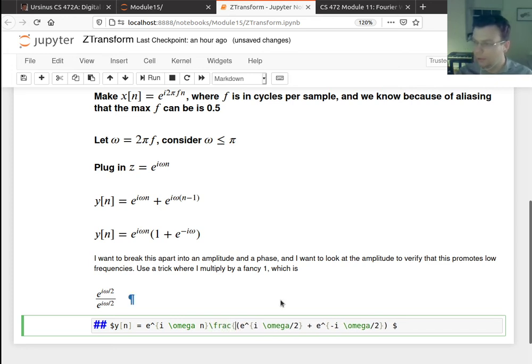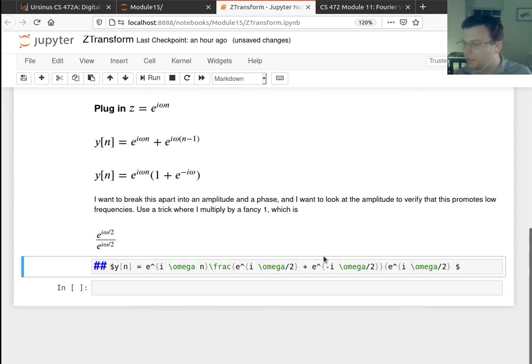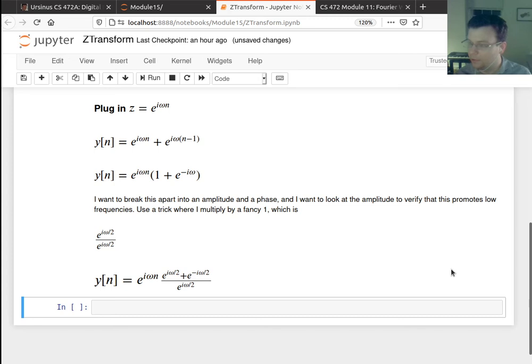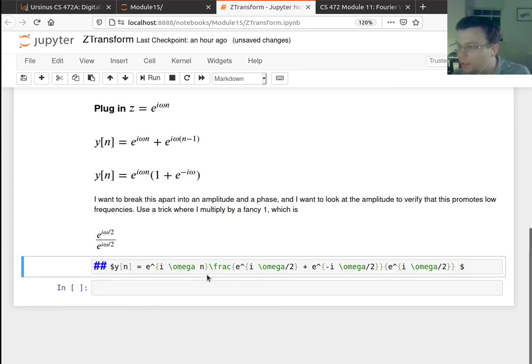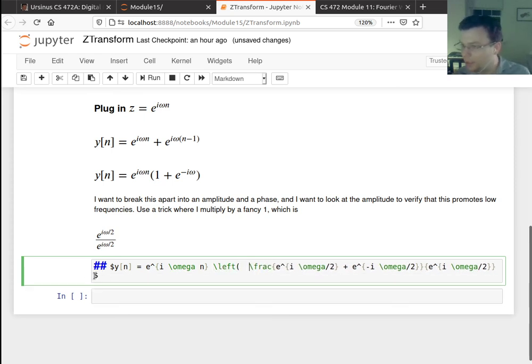So let me set that up as a fraction, divided by e to the i omega over 2. I needed to end the fraction. Okay, so here is the equation that I get.